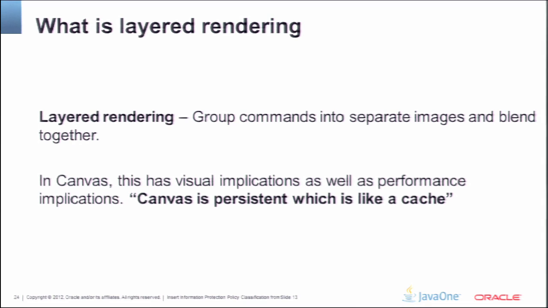In Canvas, this is a really important thing. It can have visual implications using apply effect, obviously, but also it has performance implications because with the canvas being persistent, it kind of acts like a cache. In our example we showed you, that racetrack was only rendered once.